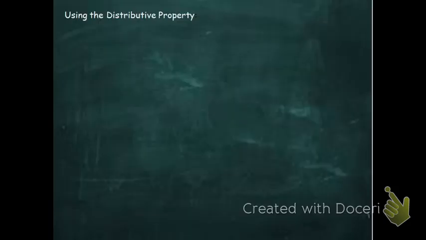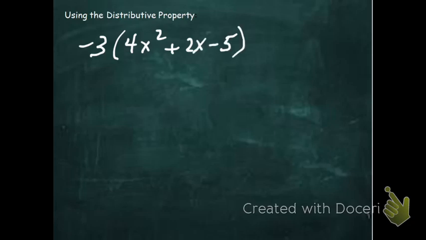All right, so let's look at some examples here. First one, using our distributive property, suppose we have negative 3 and we want to multiply that with 4x squared plus 2x minus 5. The distributive property itself says that multiplication distributes over adding and subtracting.